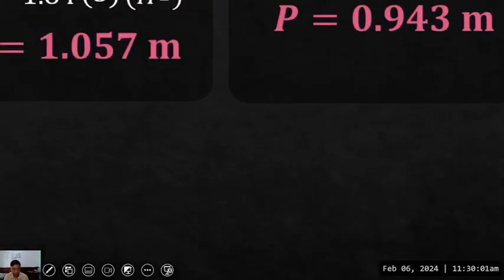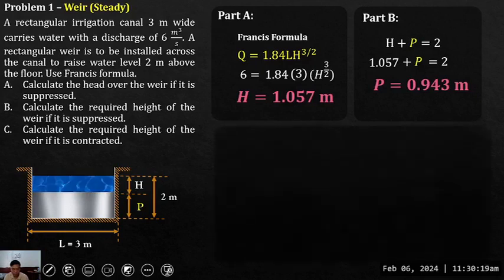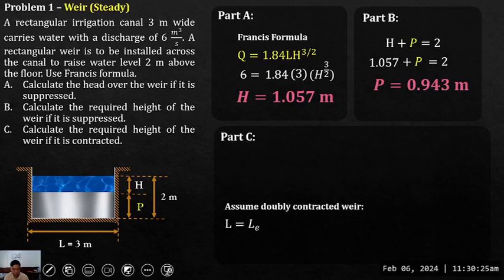Okay, next. Part C. Calculate the required height of the weir if it is contracted. So, kapag sinabing contracted lang tapos walang specify kung double or single, so always assume na double, no, yung contraction. Okay?